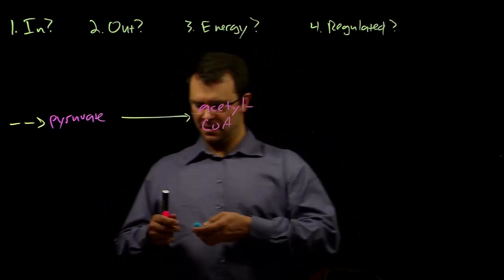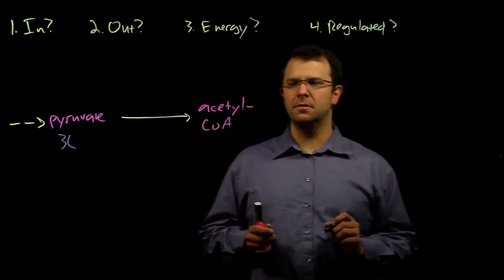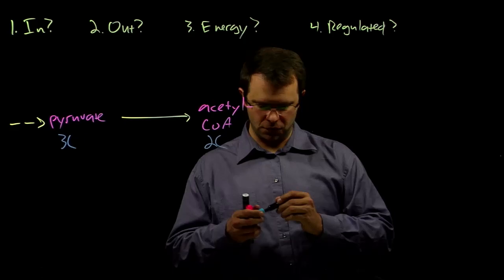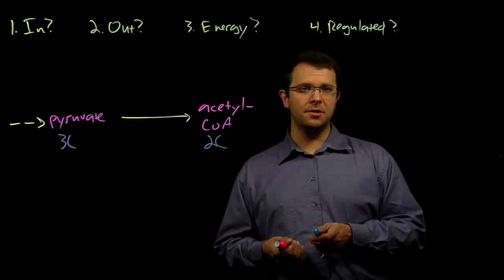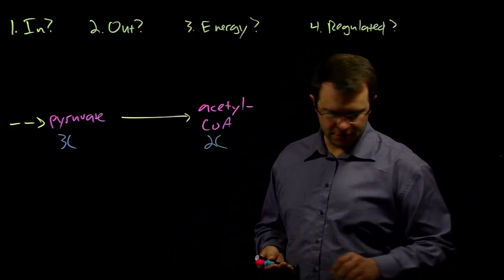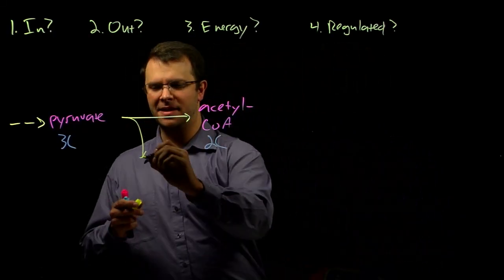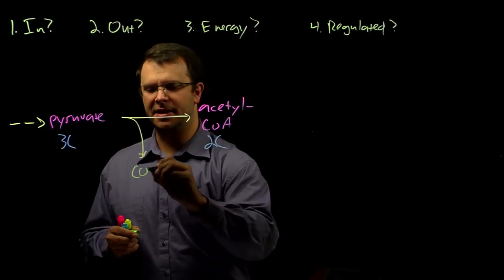Pyruvate, recall, has 3 carbons. It's a 3-carbon molecule. Acetyl-CoA has just 2. Well, where did that extra carbon go? That extra carbon actually comes out of the pyruvate dehydrogenase complex as carbon dioxide.